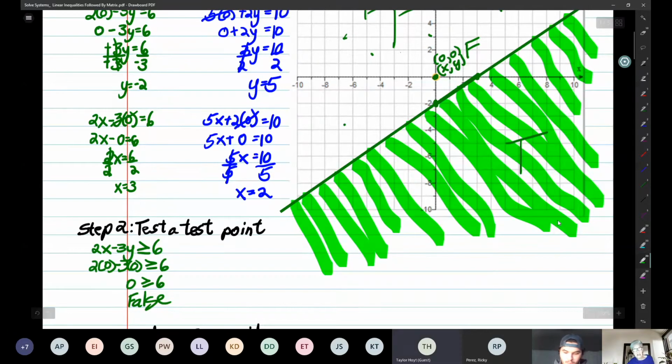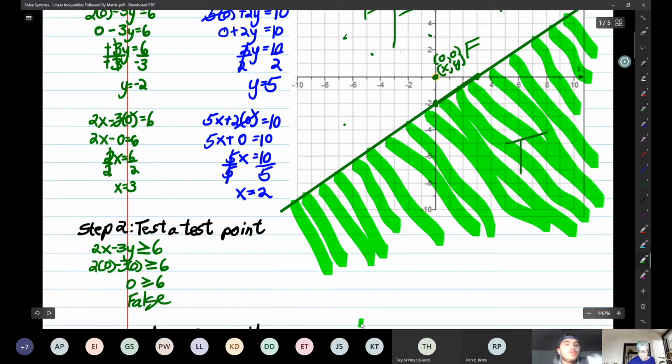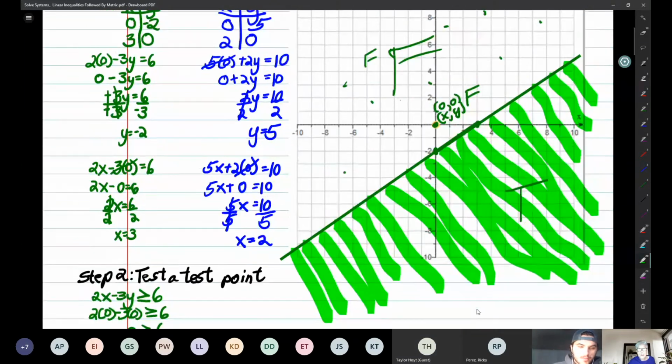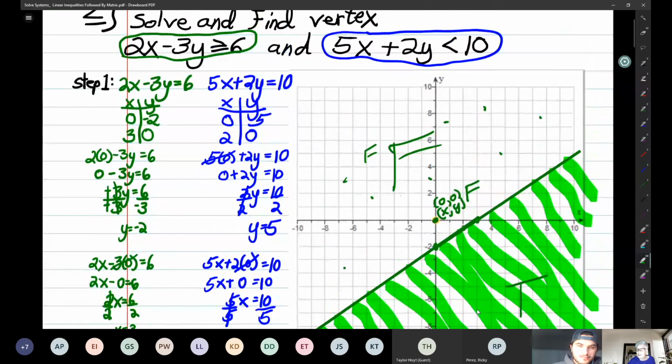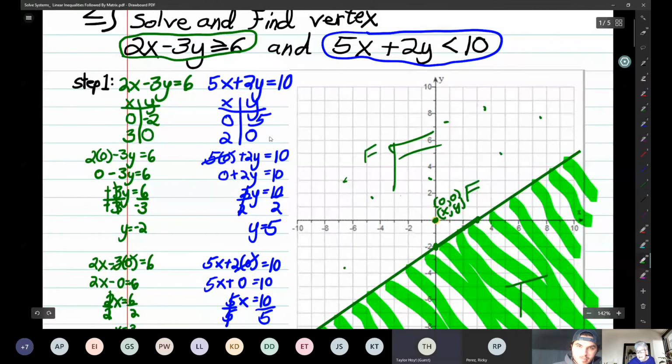All right, and I am done with the green line, which means I'm going to shade. Okay. Now I'm going to do exactly the same things with the blue line. I have my points. Remember, I'm still on my paper. We haven't transferred this to MyMathLab yet, and I'll tell you how to do that.